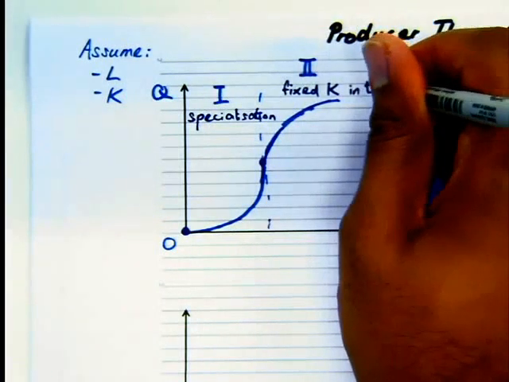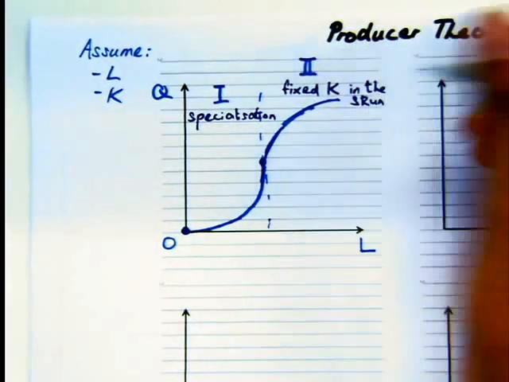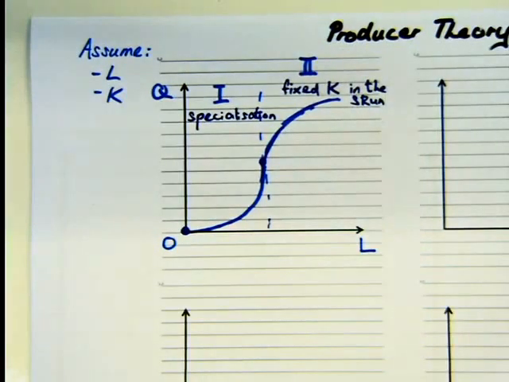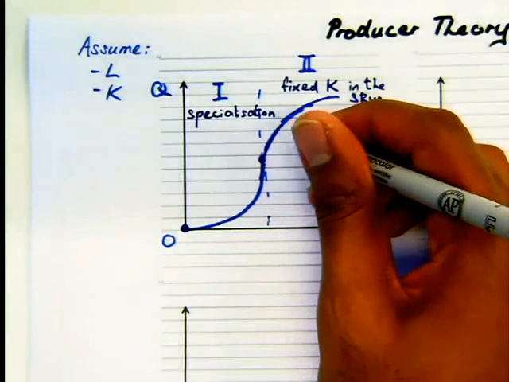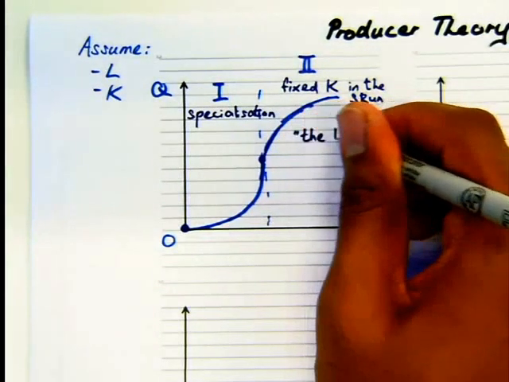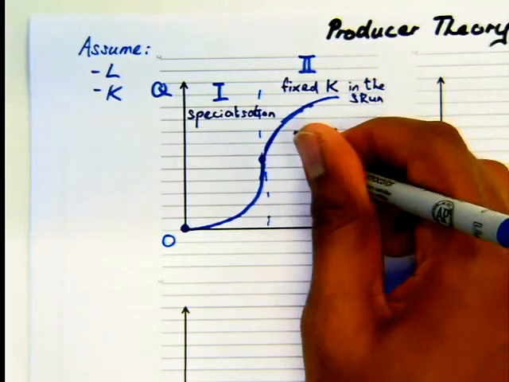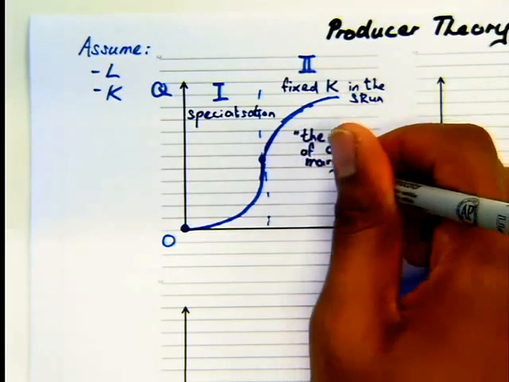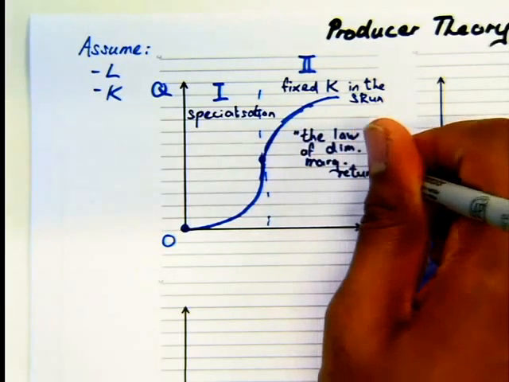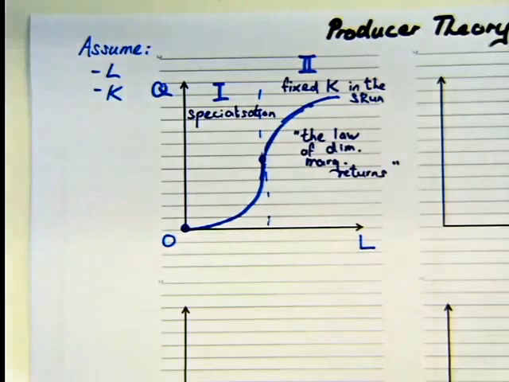In the short run. We call this the law of diminishing marginal returns. The output is increasing, but it's increasing at a decreasing rate.